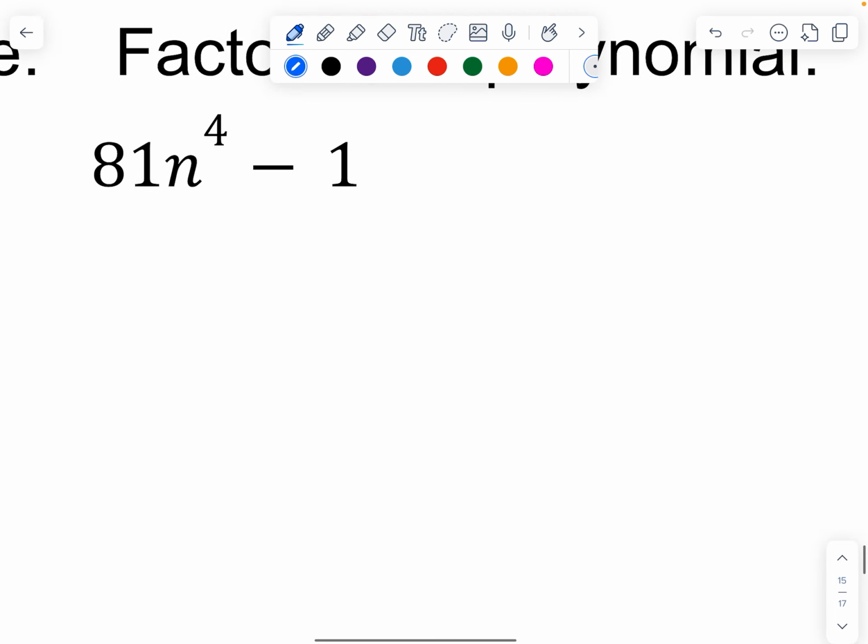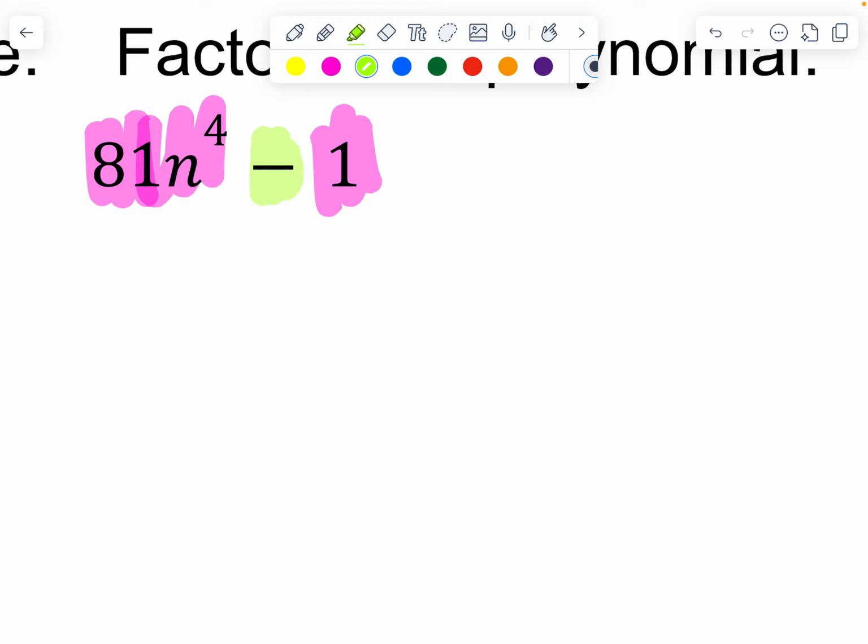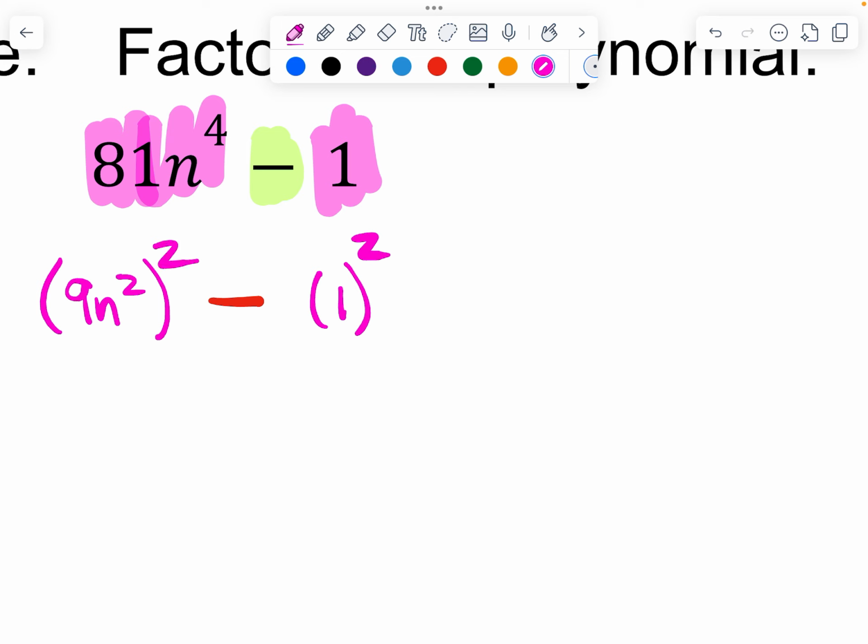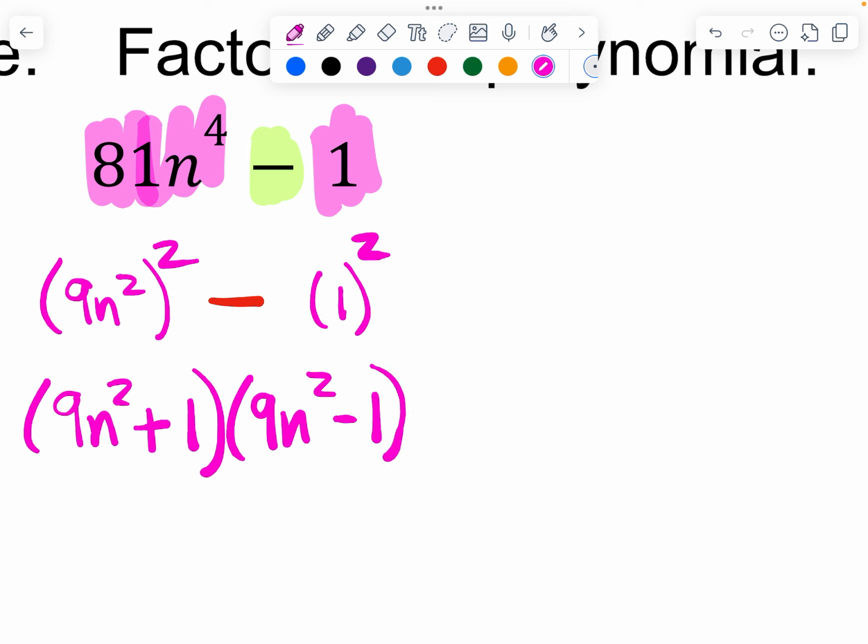So let's look at this one. Is this a perfect square? Is this a perfect square? Do we have a minus sign in between? Yes, we do. So this is 9n squared. This is 1. We've got a subtraction sign. So this is going to be 9n squared plus 1, 9n squared minus 1.